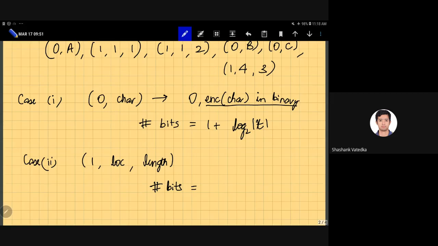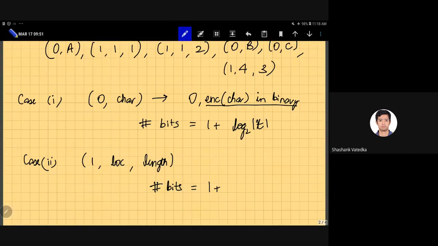Right, so roughly 1 plus, so the location can be anywhere between 1 and n minus 1, right?